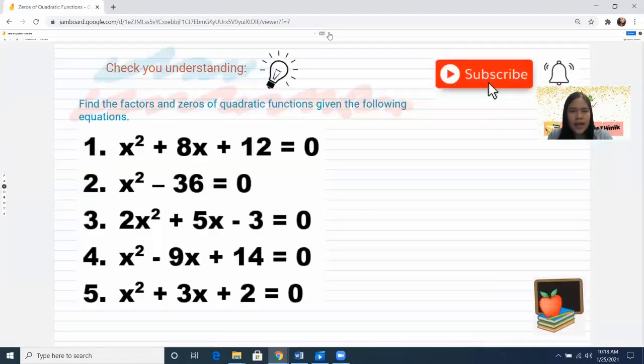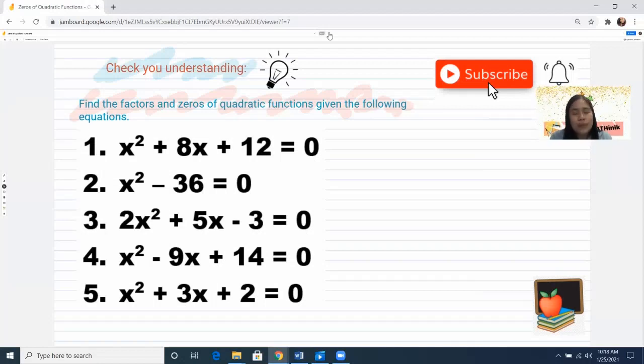Now it's your time to find the zeros and the factors of the given numbers 1 through 5. Find the factors and zeros of the quadratic function given the following equations. Whatever methods you may use, it doesn't matter as long as you find the factors and the zeros. If you want to use a graphing calculator, it's fine.